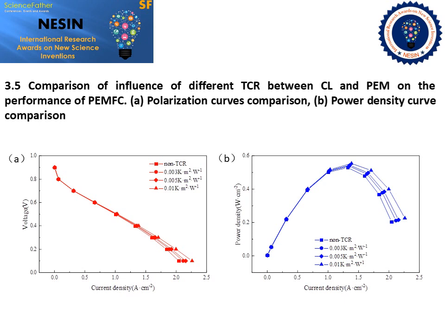So the membrane electrode made by researchers can consider increasing the hot pressure and other conditions to reduce TCR.